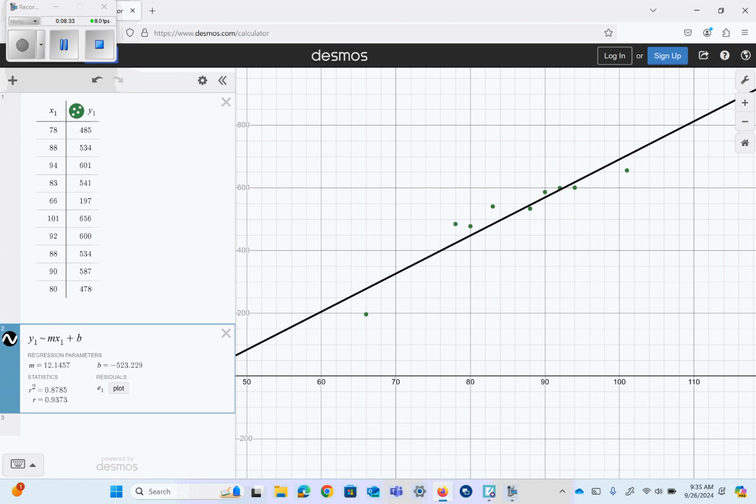So, the last question is how well do you think a person can predict the length of time between eruptions from the eruption time? Being that this is not a perfect fit, this would have an R value probably 0.6, 0.65, somewhere in there, just ballparking it.